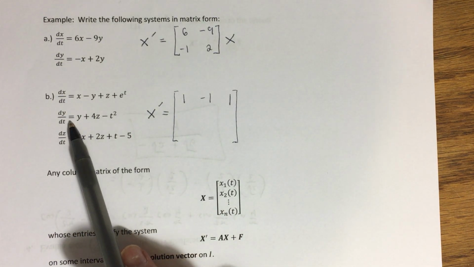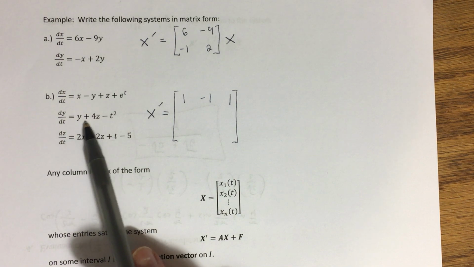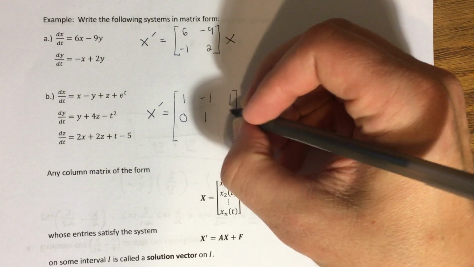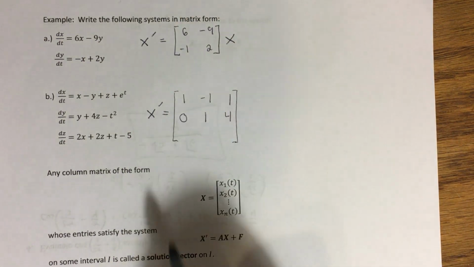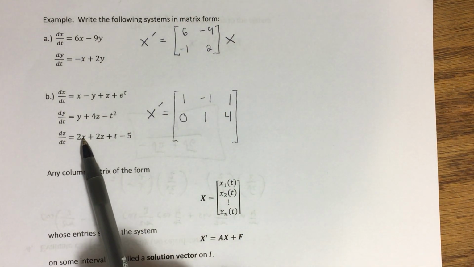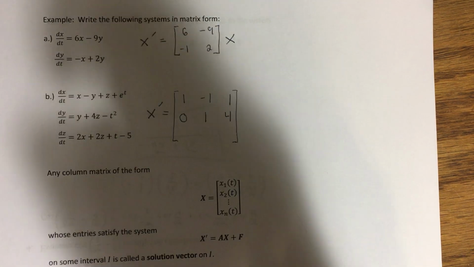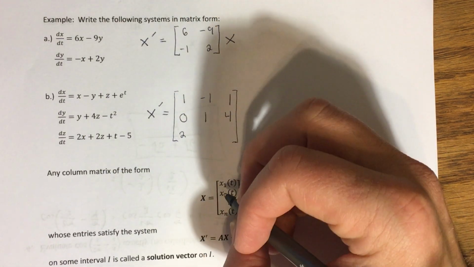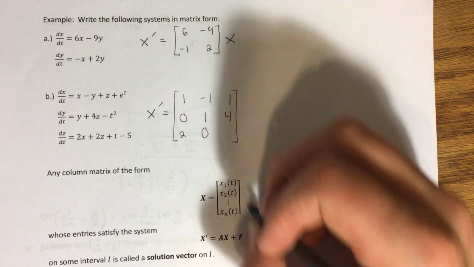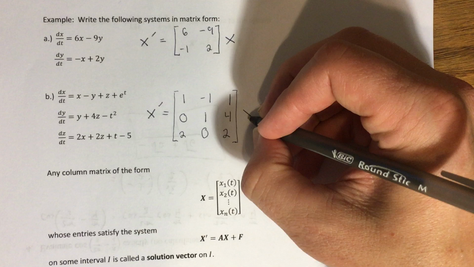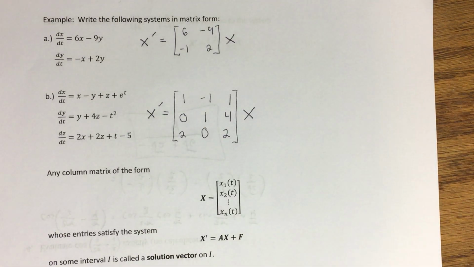So I'm imagining there being a 0x here. The coefficient on x is 0, on y it's 1, and on z it's 4. Down here I have an x and I have a z, but I'm missing a y. So on my x I have a coefficient of 2, on my y I imagine a coefficient of 0, and on my z I have a coefficient of 2.